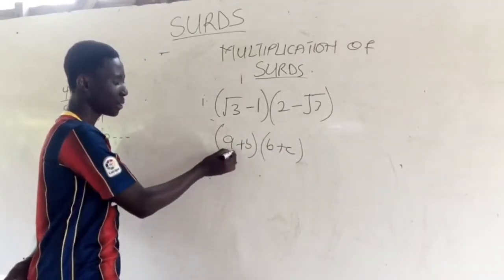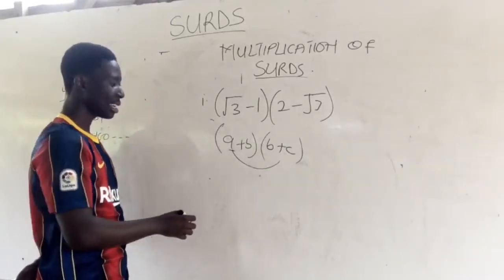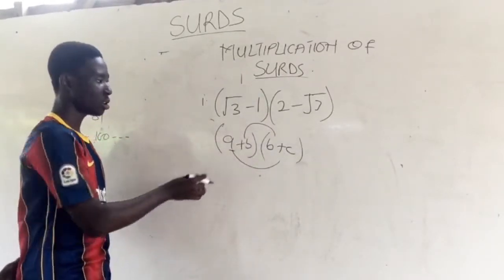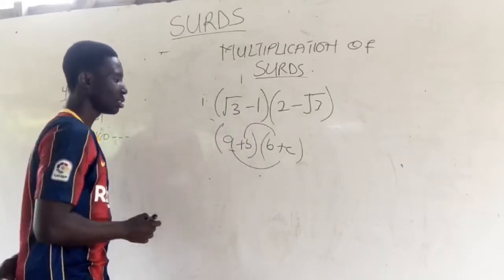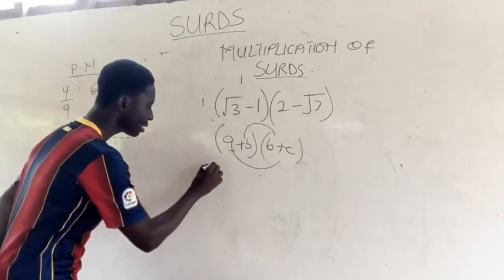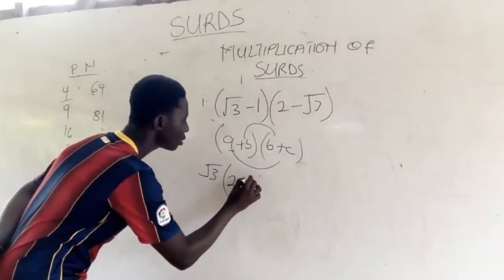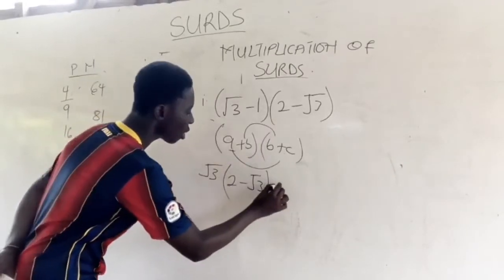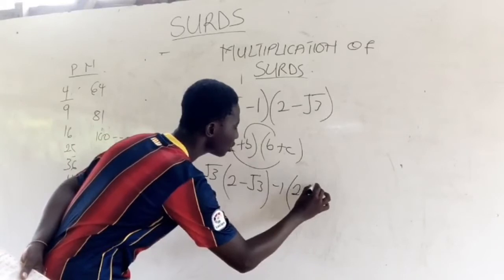So I'm just going to pick the first one to multiply the whole bracket, and then pick the second one to multiply the whole bracket. So we are going to apply this knowledge to the question over here. When we pick the first one, it is root 3 multiplying the second bracket 2 minus root 3, and then you pick the second one, minus 1, multiplying the second bracket 2 minus root 3.